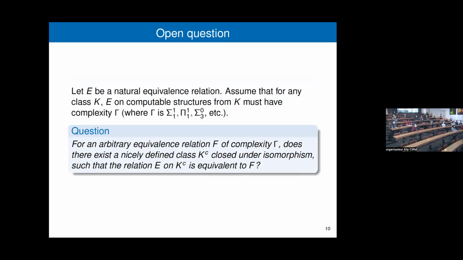Can we find a nice class of structures such that the corresponding relation, whatever we choose, bi-embeddability, hyperarithmetical isomorphism, whatever, has exactly the complexity of some chosen equivalence relation of whatever reasonable complexity? I guess for isomorphism it will be very hard to do, but for bi-embeddability, I have hopes that it can be done.